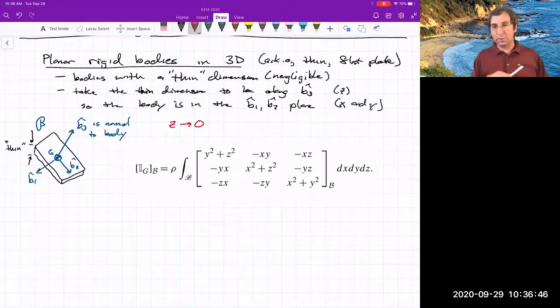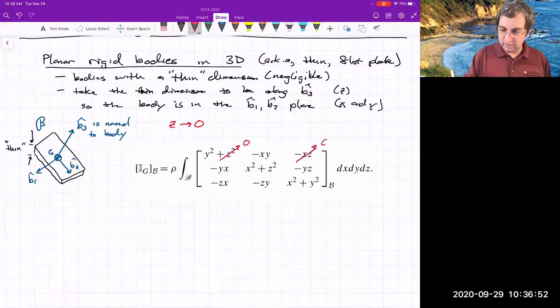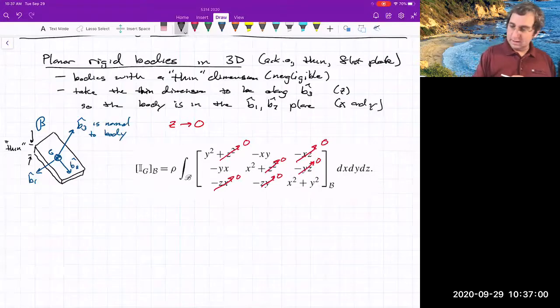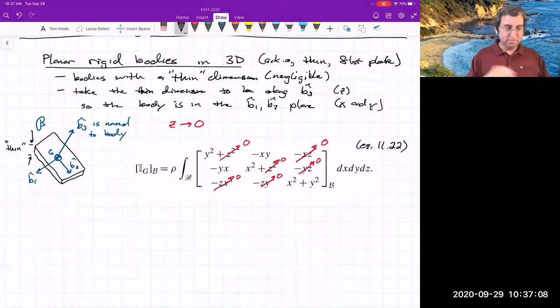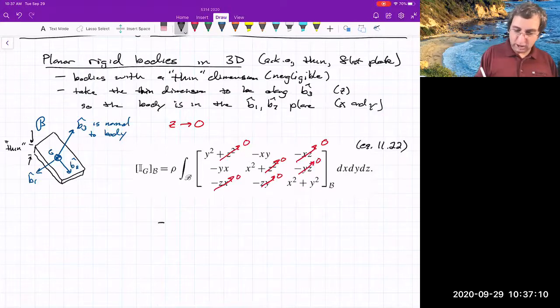If you were to take the integral, that component will be 0. So this goes to 0, this goes to 0, and so on. Just to remind you, I'm rewriting equation 11.22, but now showing things that go away.